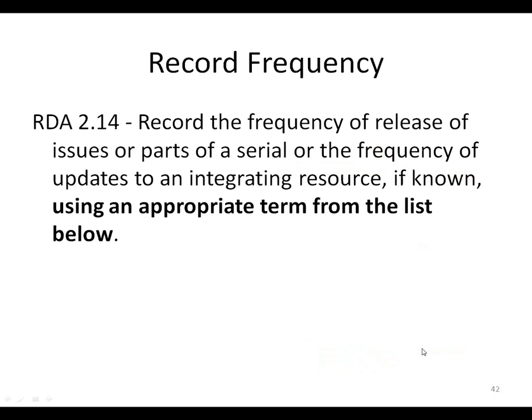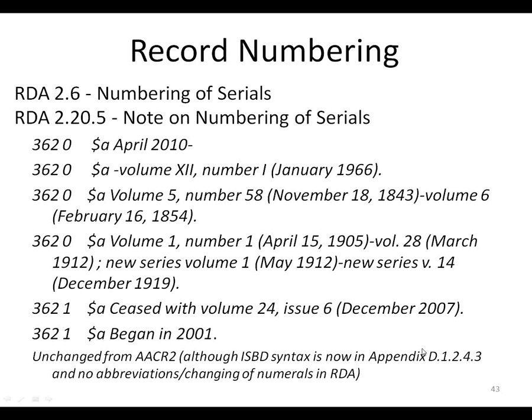Okay, you'll record frequency just as you would with a serial record under current practice. Then RDA does provide a list of frequencies. When you record numbering, that same provision for only providing what appears on the piece and not abbreviating is followed.